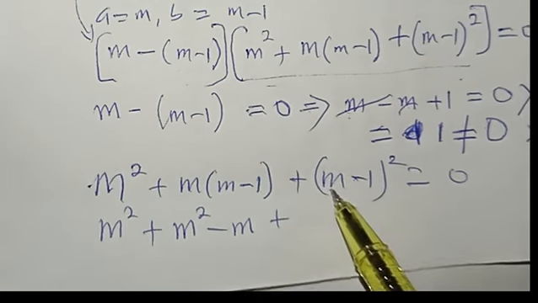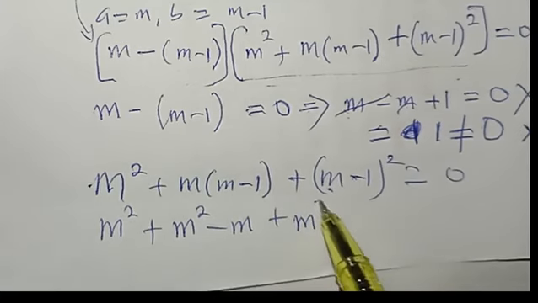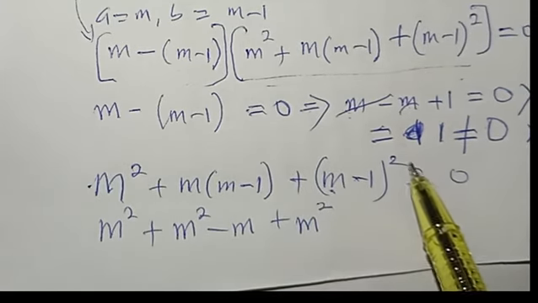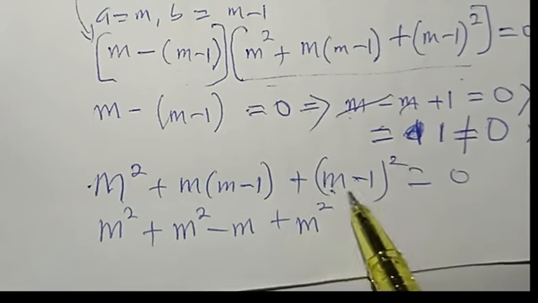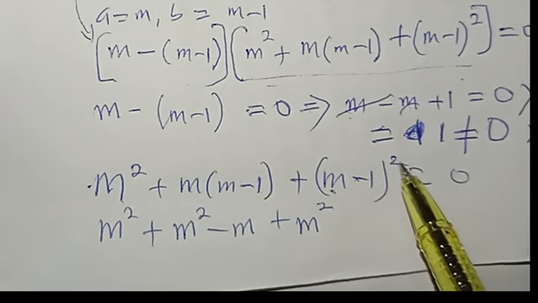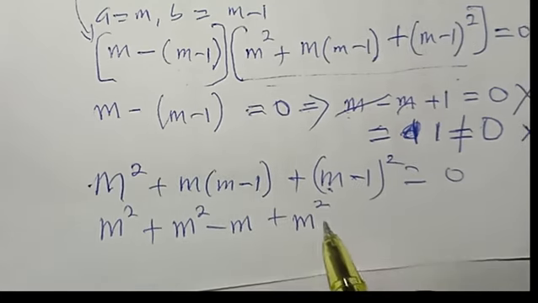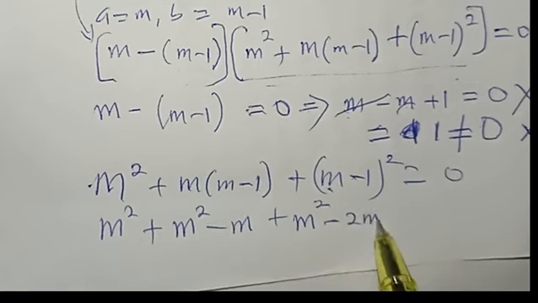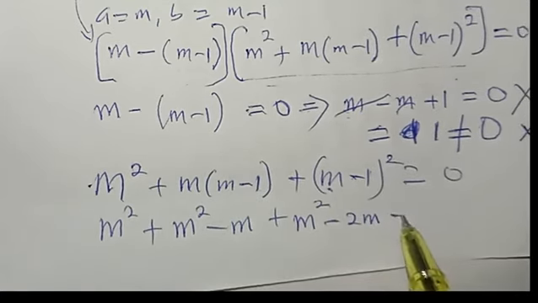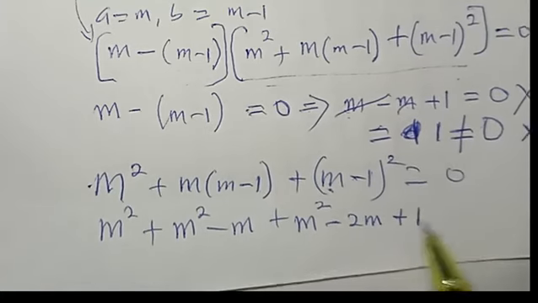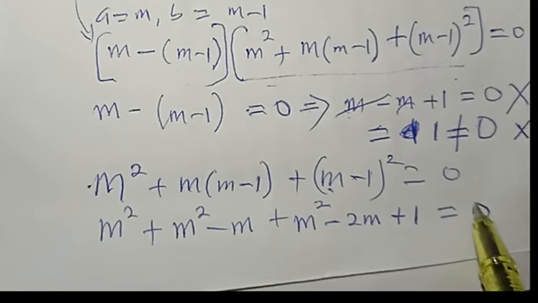So we have m times m, which is m squared, and then use these two right here to multiply the terms inside the brackets. That is 2 times m times minus 1, which will give you minus 2m, and then use the second term to multiply itself, and that will give you positive 1. And it's all equal to 0.